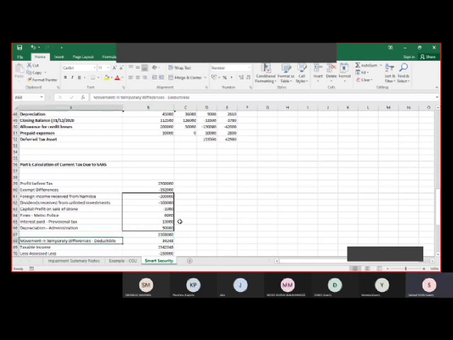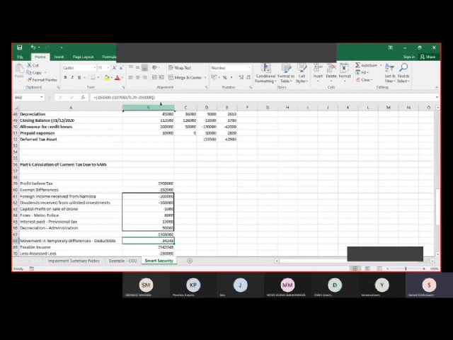Then movement in temporary differences. What we did here, I took these temporary differences for these assets in total. Then I minused the opening balance of the deferred tax. I grossed it up to get what was the temporary difference amount. Then I subtracted the opening balance deferred tax, opening balance assessed loss.